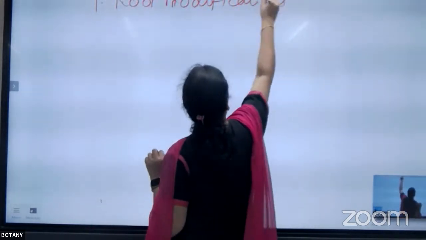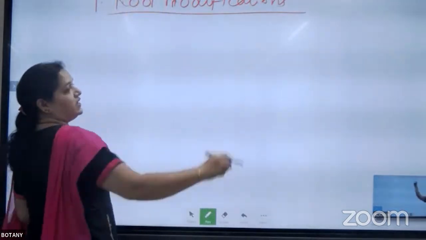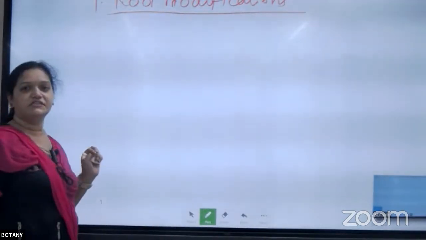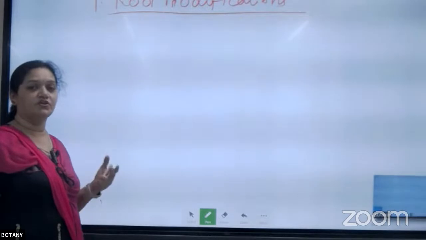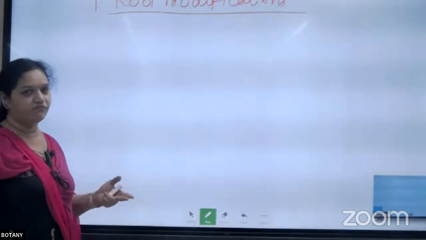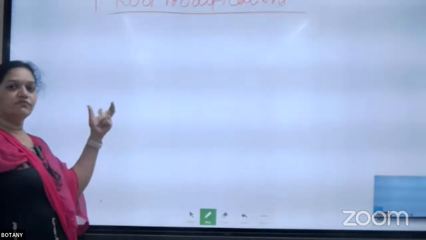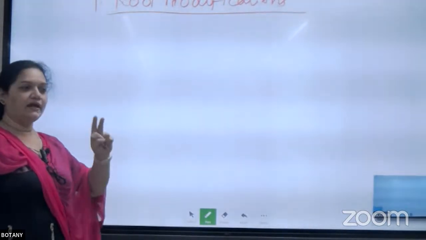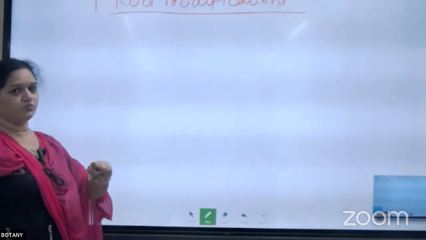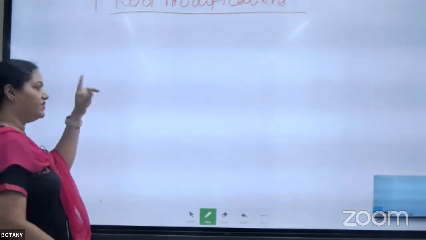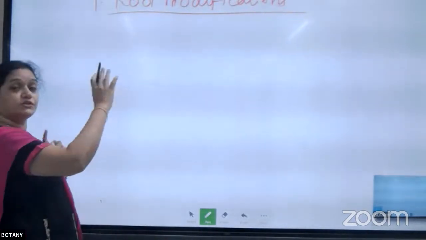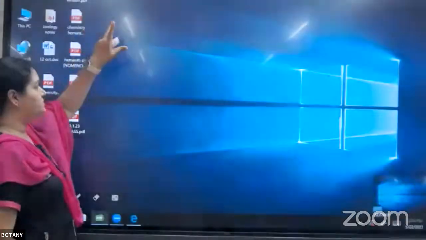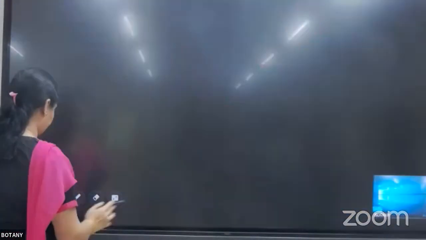The question is: define root modifications and explain in detail the different root modifications that occur in flowering plants. So here they have given 2 questions: define root modifications and say the different types of root modifications. First, we will go with the definition. What is meant by root modification?